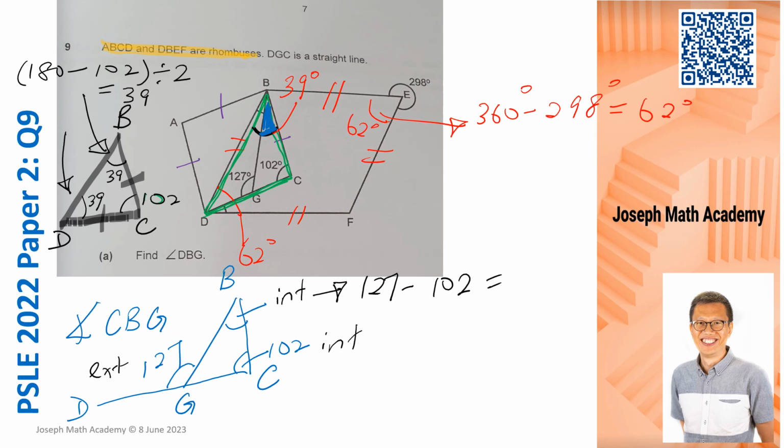So 127 minus 102 simply gives me 25. So the one that is colored in blue is 25. Meaning we can already find part A.